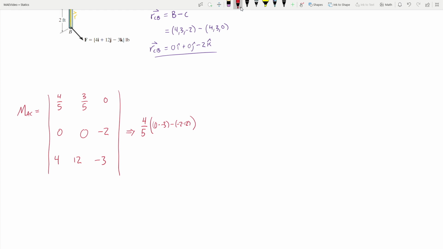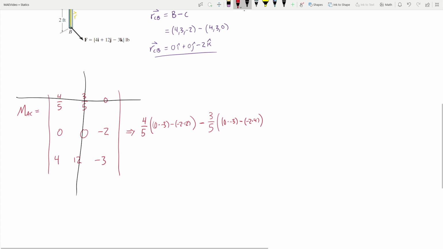Then our second entry is going to be minus 3/5. Let's cross this out. 0 times -3 minus -2 times 4. Then our last entry is going to be plus 0. And since 0 is going to be multiplied with this product, I'm just going to go ahead and say that this is going to be 0 since we don't have to solve it.